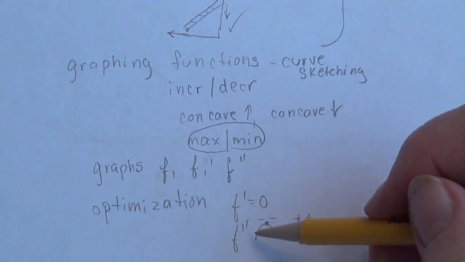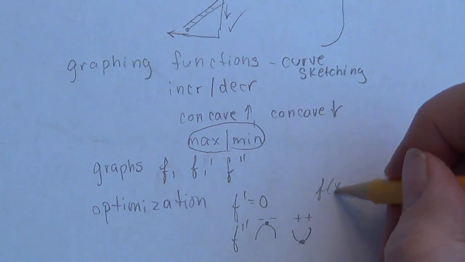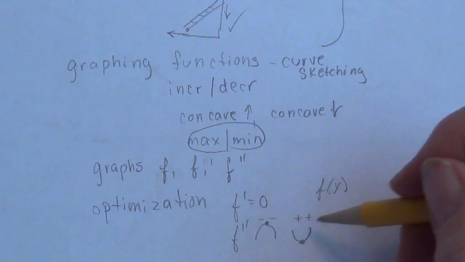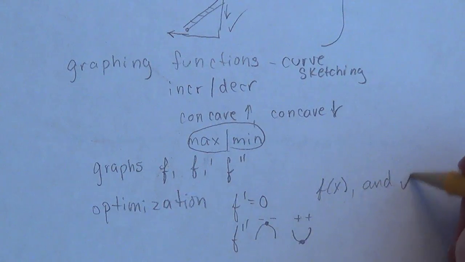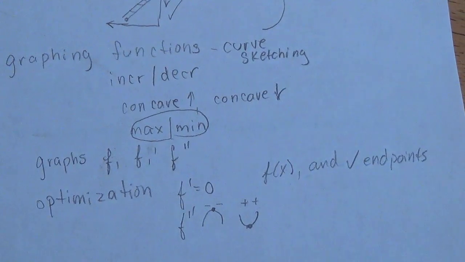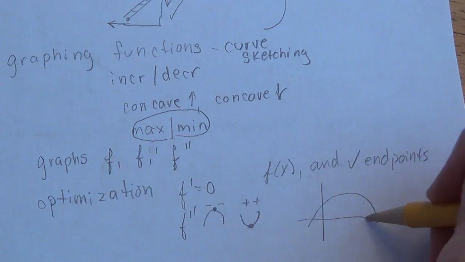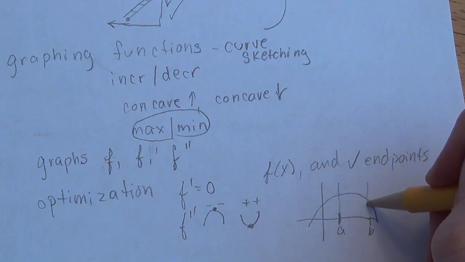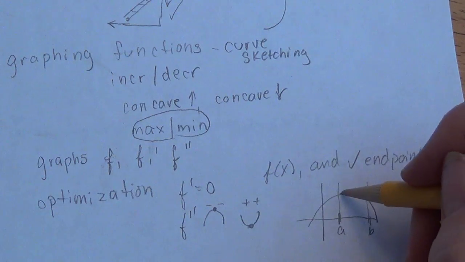Also remember, when you're doing an optimization problem, you'll have some function which you'll take the derivative of, set equal to 0, and make sure it's a max or a min, whatever you're trying to get, but also check the endpoints. When I say check the endpoints, you might have a function that looks like this, and your area of interest is between A and B. So in here, you can see the curve will have a maximum right here, and the first derivative is 0.